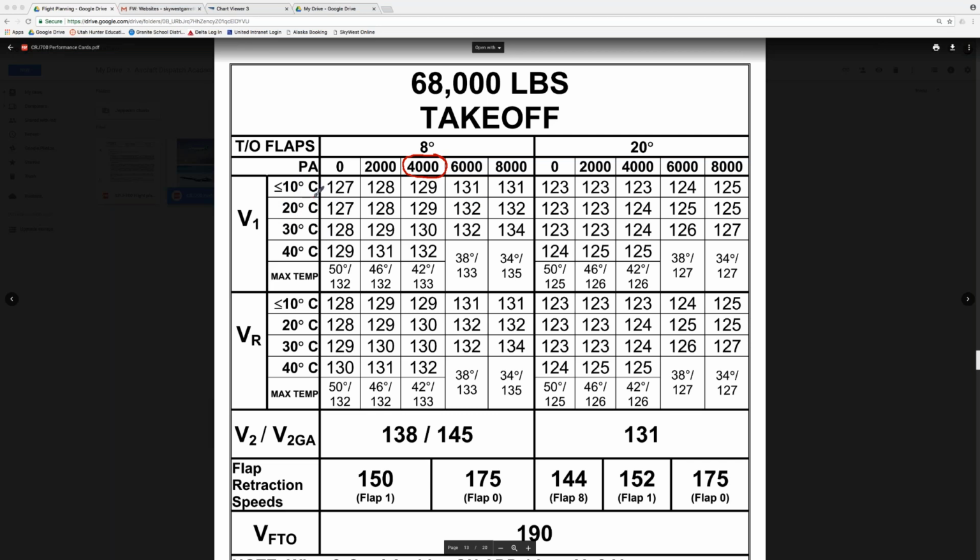So let's say it's 20 degrees outside. That gives us our V1 speed. Same down here, we'd take 20 degrees and 4,000 foot field elevation, and then 138.